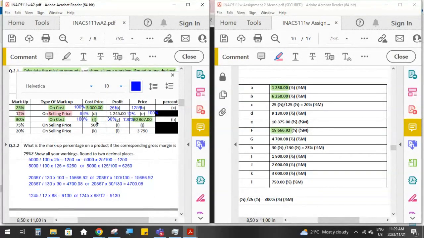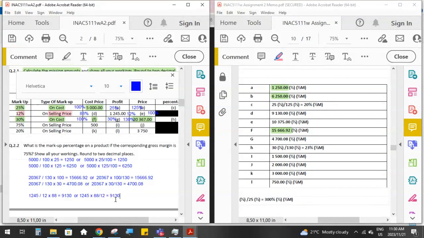But in this case, my cost was 88% and my profit was 12% of the selling price, so the answer for my cost price must be more than my profit. So we can double check. My profit was 1,245 rand, 12%. My cost is 9,130 rand, which is 88%.